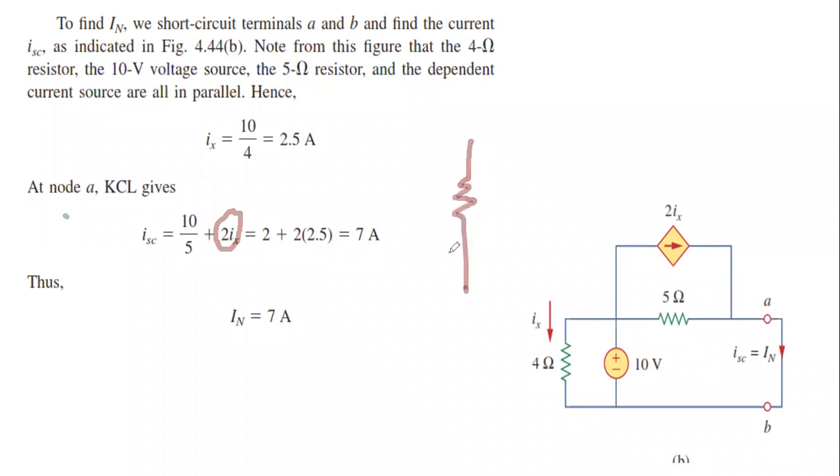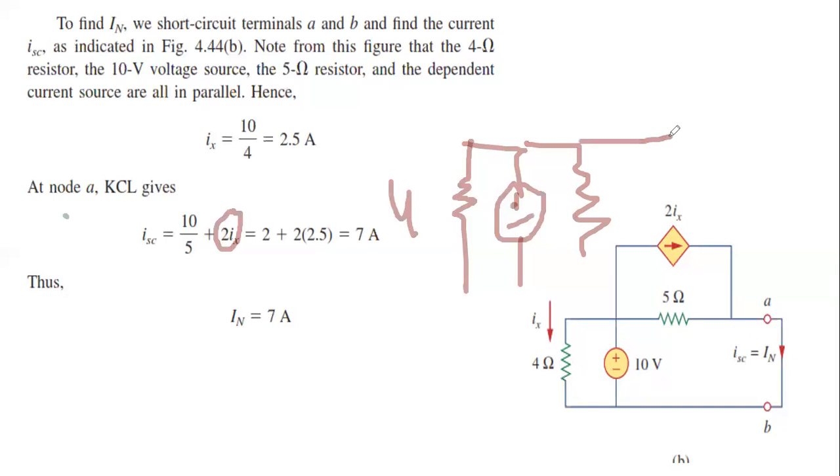This is the resistance 4. This is 10. This is 5. And this is the dependent source. So all these things can be connected like this.